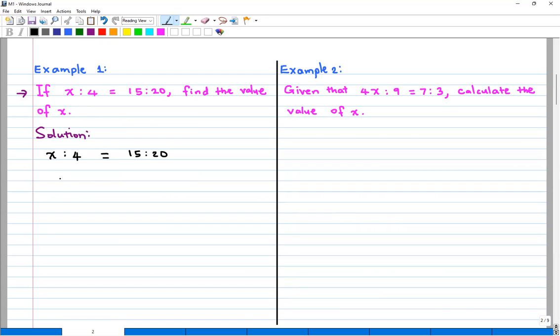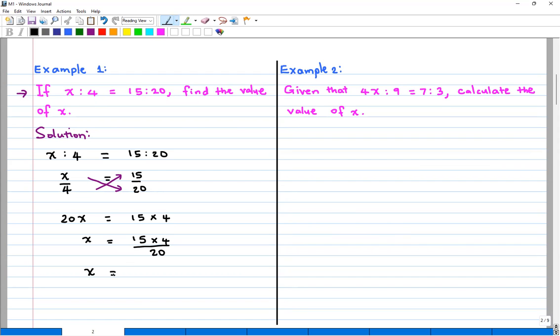Now, we can say that x out of 4 is equal to 15 out of 20. And then we go ahead and use cross multiplication so that we get 20 times x, that will be 20x. It is equal to 15 times 4.